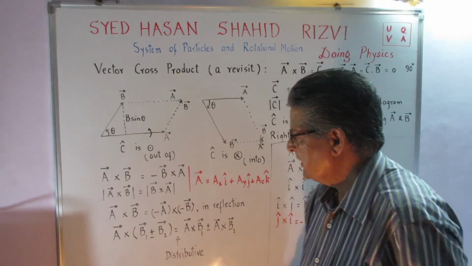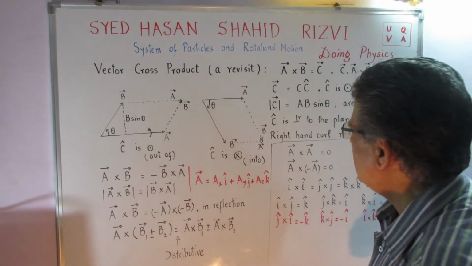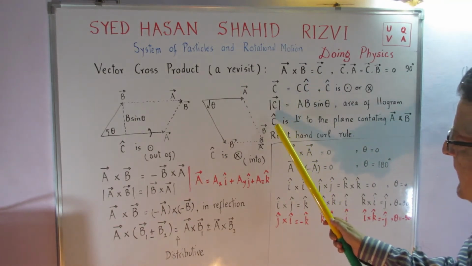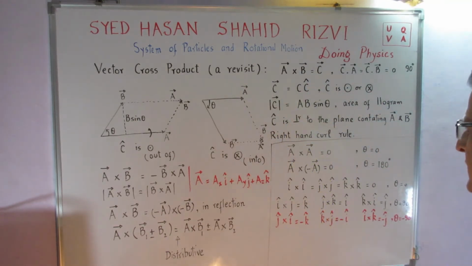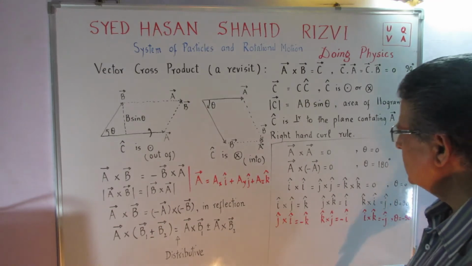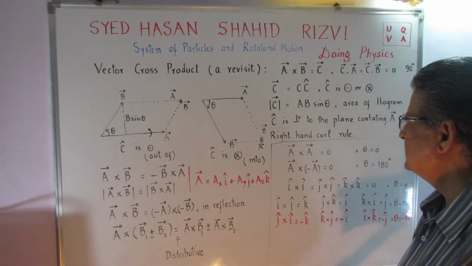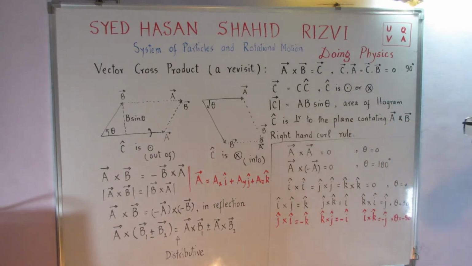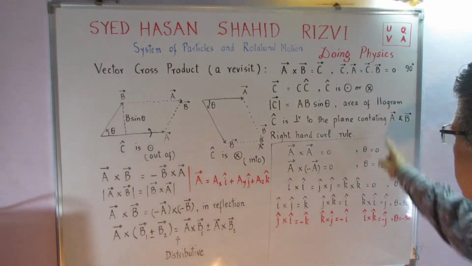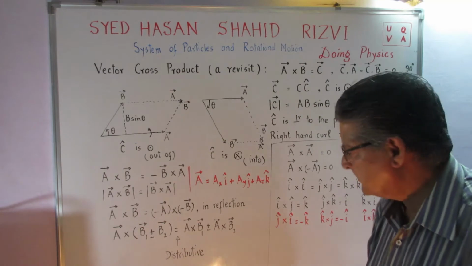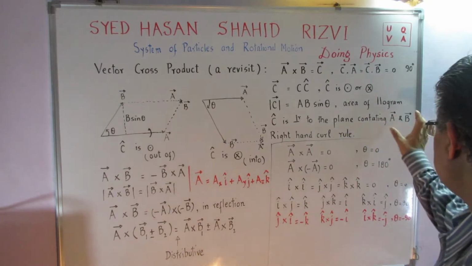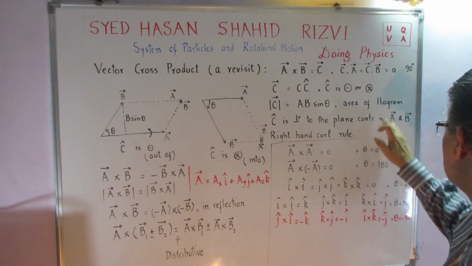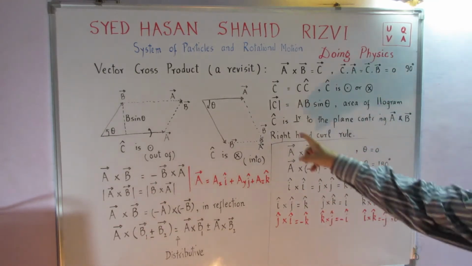In this case, I tell you, and I've shown it here, that the direction vector or the unit vector C cap is perpendicular to the plane containing A and B. Containing spelling is a mistake, okay, so please make this amendment.